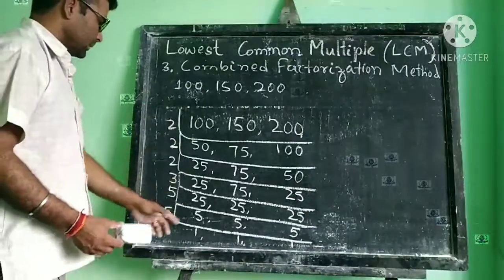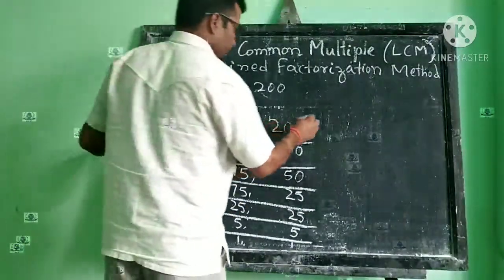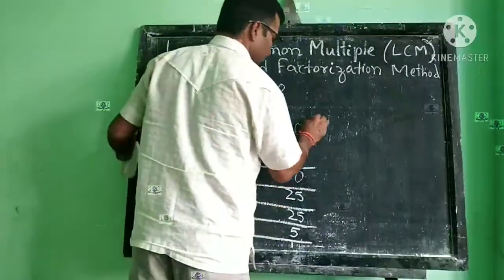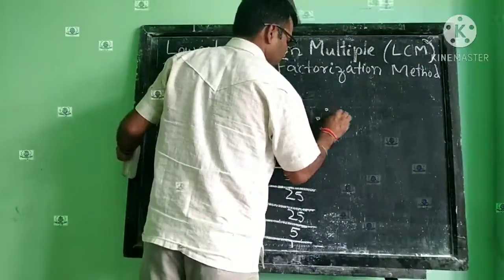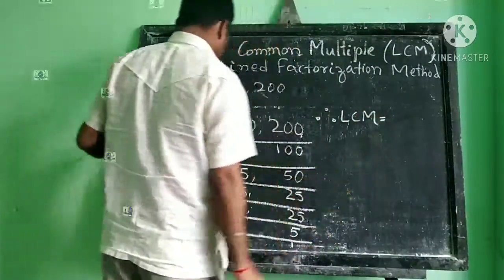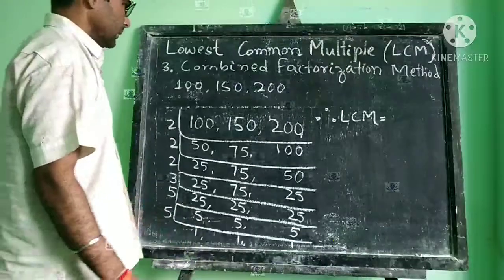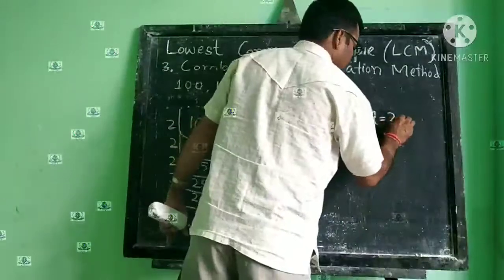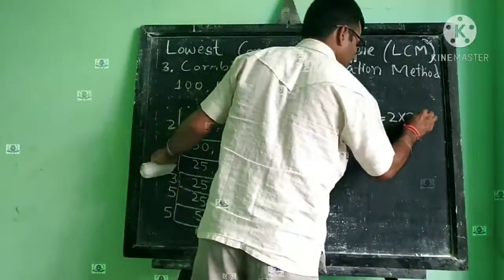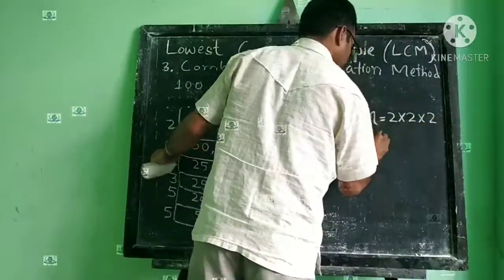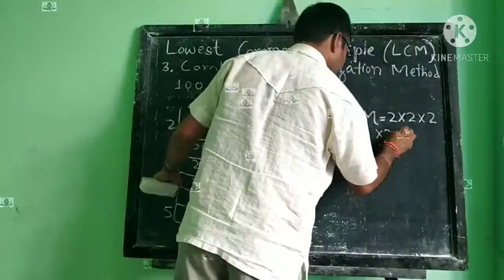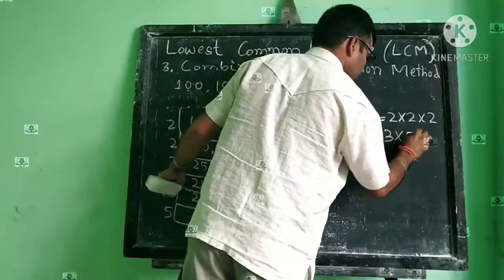So after doing all this, you can write, therefore, just below this, you can continue below because there is no place, so I am writing here. Therefore, LCM, that is lowest common multiple, is equal to, you have to write all this here, giving a multiplication sign in between, 2 into 2 into 2 into 3 into 5 into 5.